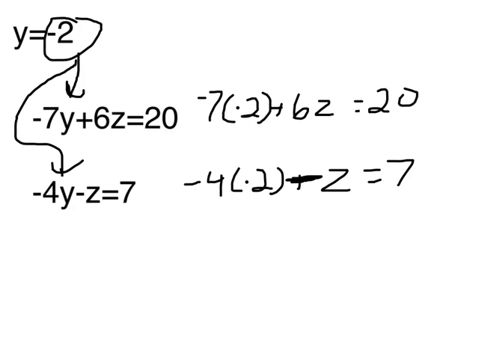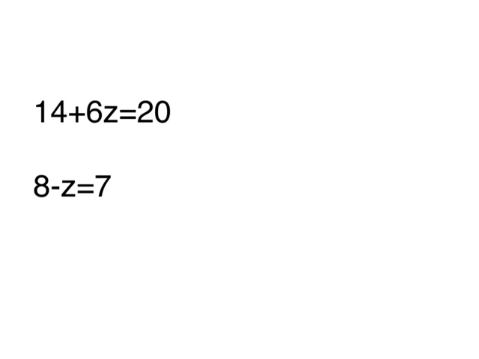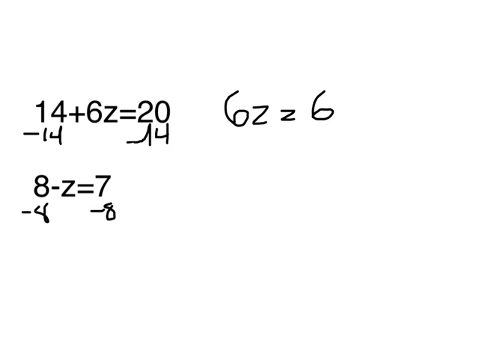Now we'll condense these down, so we will get 14 plus 6z equals 20, and 8 minus z equals 7. Now we combine like terms, so subtract 14 from both sides on this top one, subtract 8 from both sides on this one, and your result will be 6z equals 6, and -z equals -1.